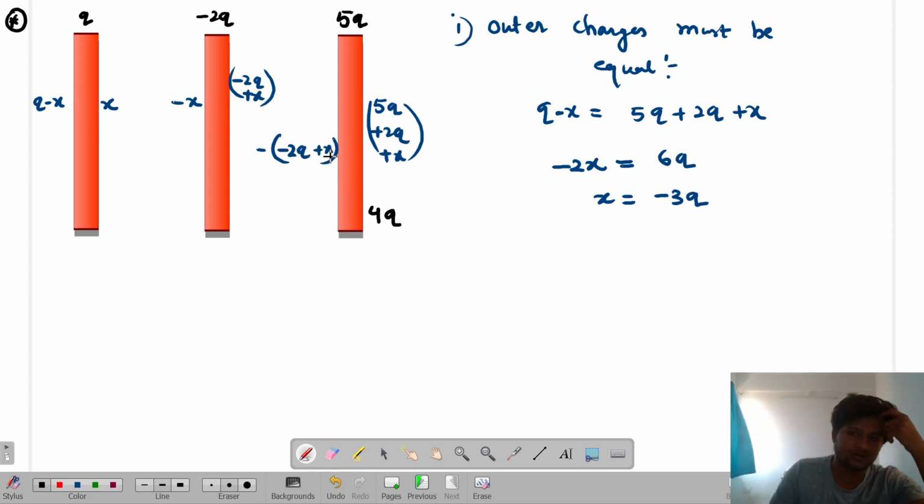One minute. Did I make any silly mistake in minus or what? Minus 2Q minus 3Q, it's not possible actually.